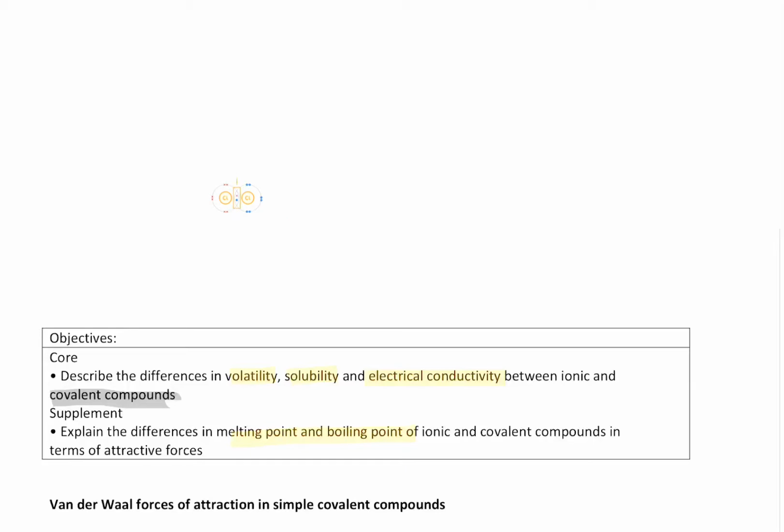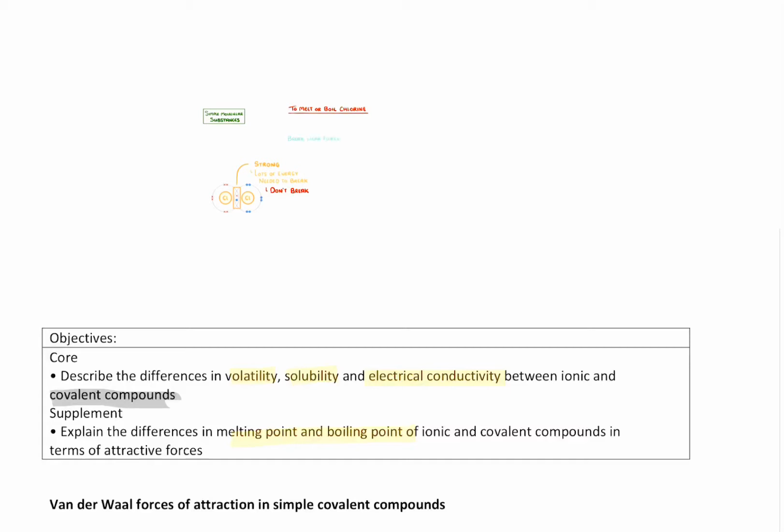Now, the first thing to know is that covalent bonds are really strong, which means that a lot of energy is going to be needed to break apart any atoms that are covalently bonded to each other. So if we consider a simple molecular substance like chlorine, the atoms within each molecule will be strongly bonded together. However, in order to melt or boil chlorine, we actually don't break these strong covalent bonds.